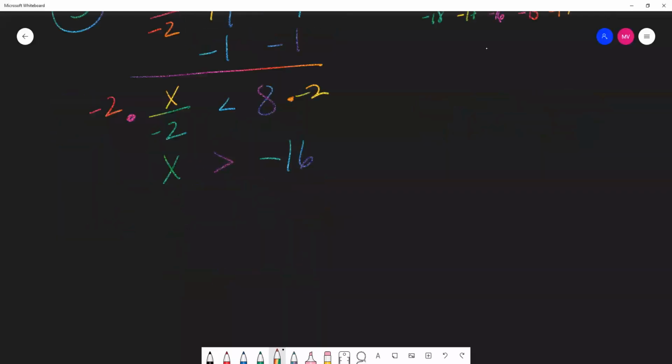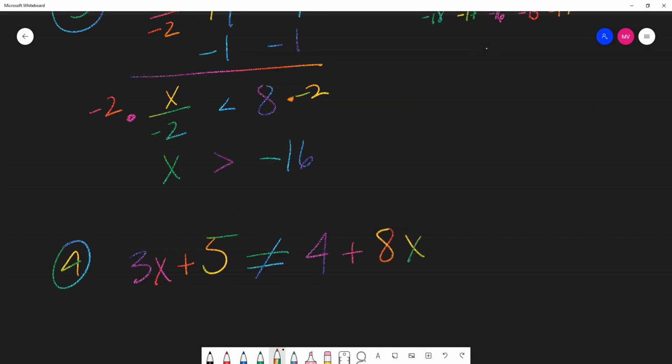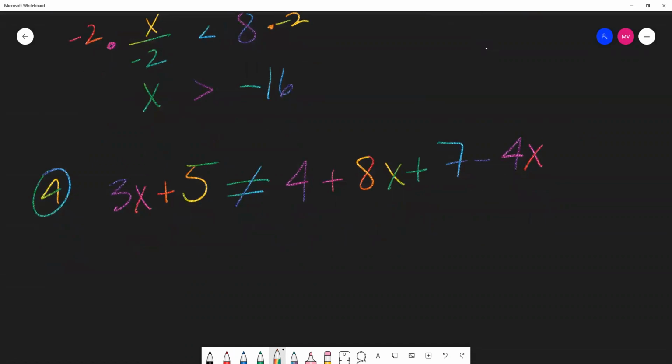All right, so number 4, Aiden. We have 3x plus 5 does not equal 4 plus 8x plus 7 minus 4x. Okay. What in the actual heck did I do?